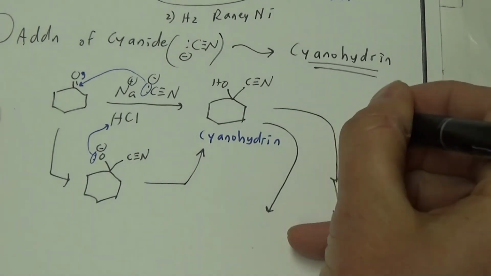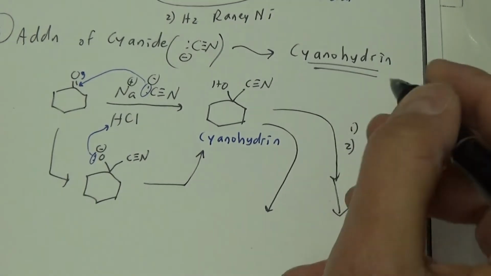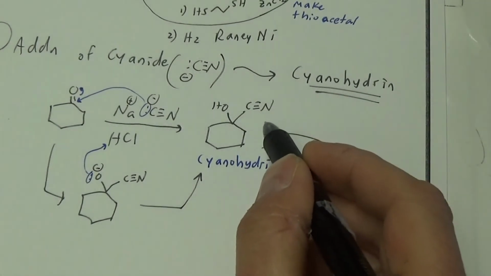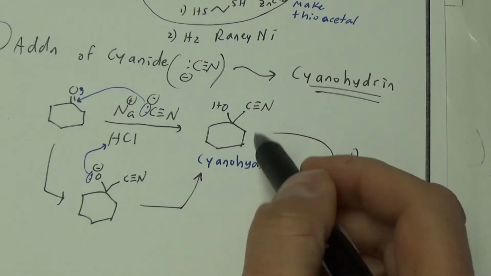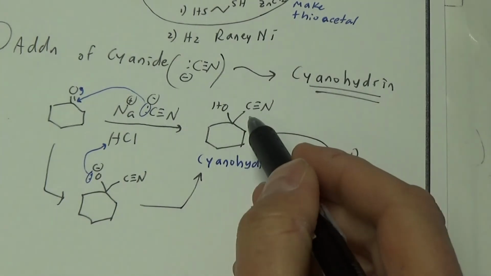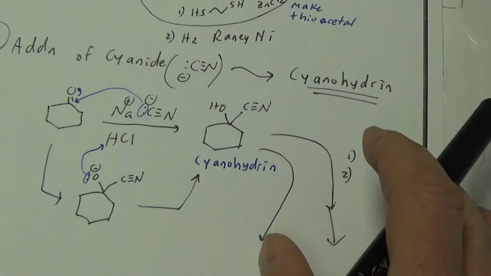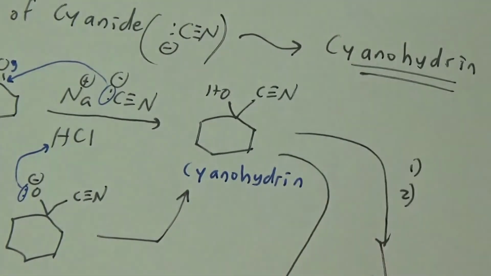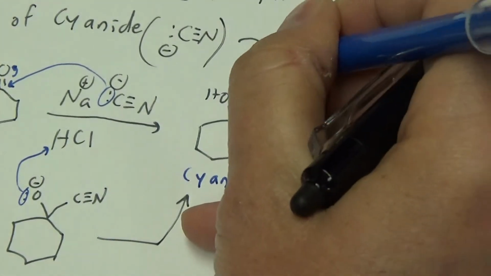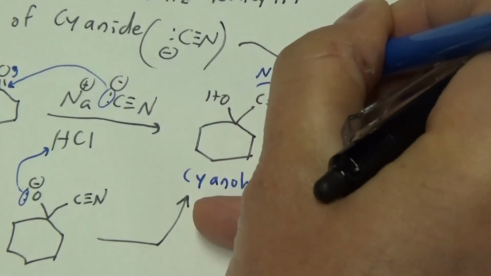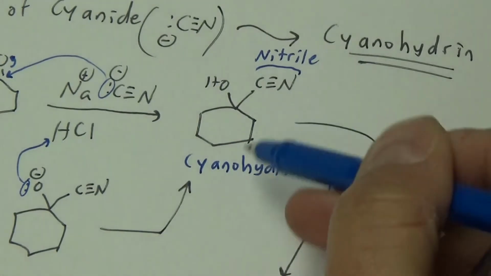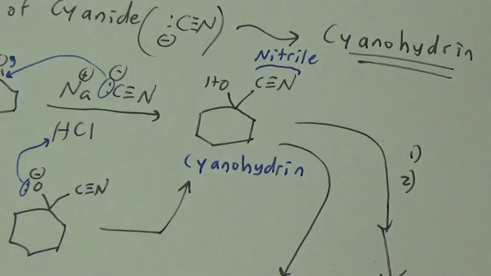One is reduce the... what's that functional group called again? The whole thing is called a cyanohydrin, but this functional group, C triple bond N, is called a... I think chapter 1. It's a nitrile, right? Nitrile. So the whole thing is called a cyanohydrin, but that specific thing is called a nitrile.